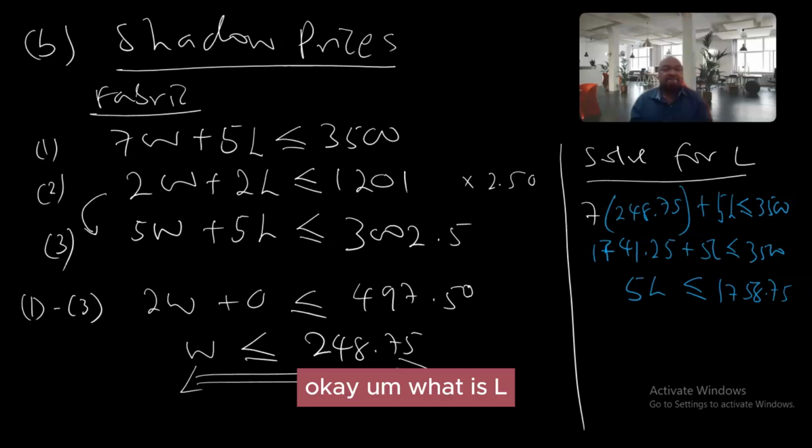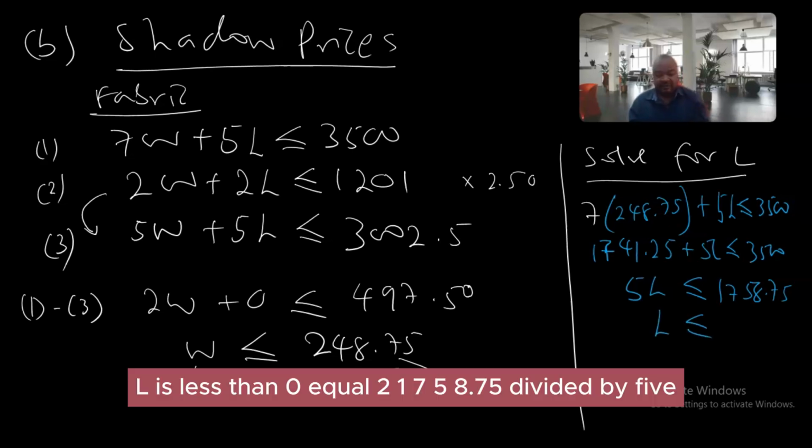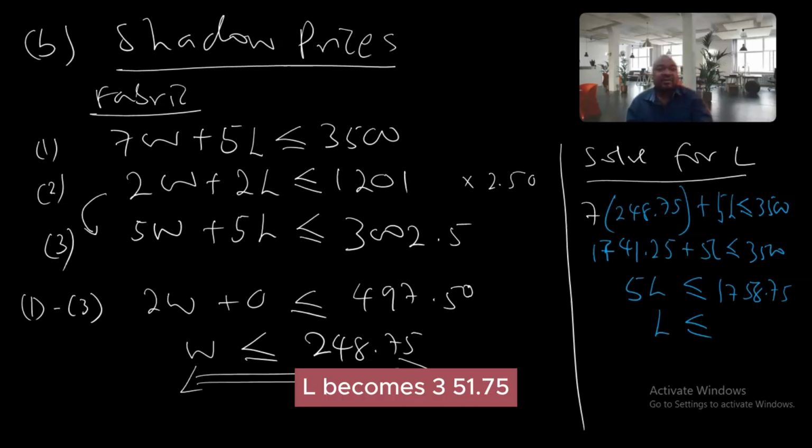What is L? L is less than or equal to 1,758.75 divided by 5, so L becomes 351.75.